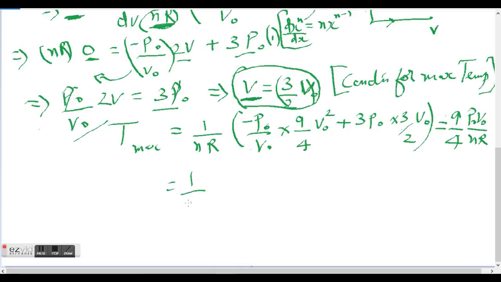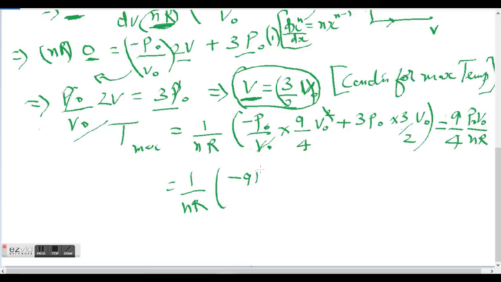If you don't get it, let me solve it for you, right? So this is negative, and this V naught and this V naught will cancel out.